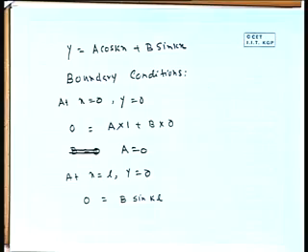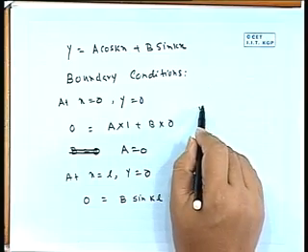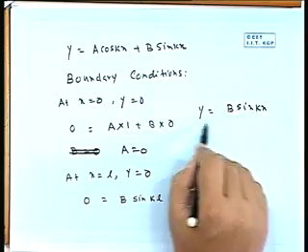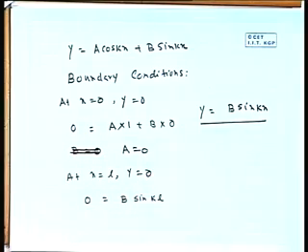With the other boundary condition we are getting B sin KL equal to 0. After this we got y equal to B sin kx, because A became 0. So at x equal to L, it became B sin KL, y equal to 0.